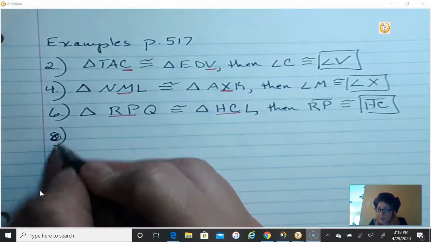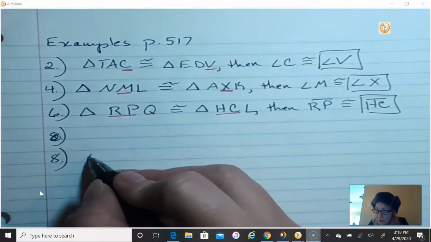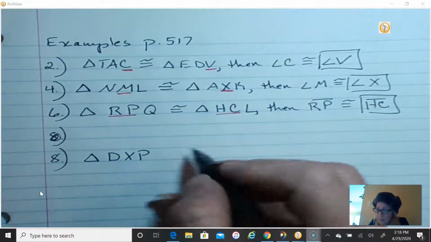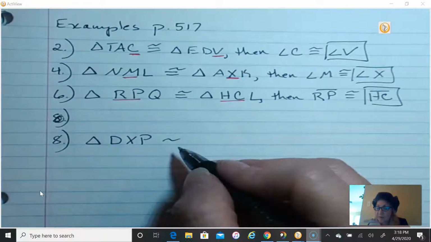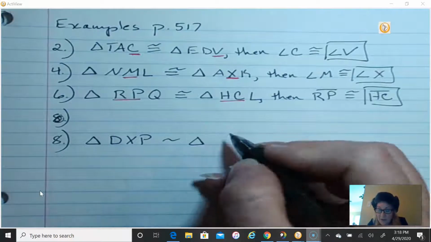All right, let's look at 8. Okay, so the next group, it says given triangle similarity statements, complete the following statements of congruence or corresponding parts. Okay, so 8 says triangle DXP is similar to triangle MFZ. Remember, that means if it's similar, the angles are the same, but the sides are not.